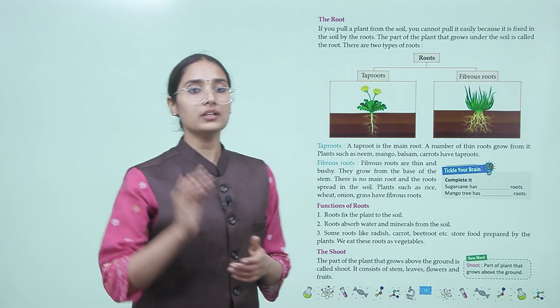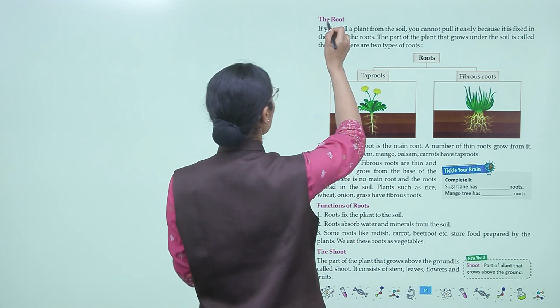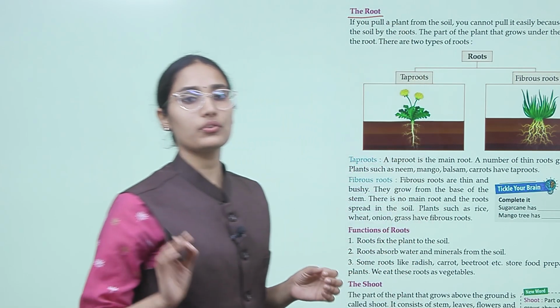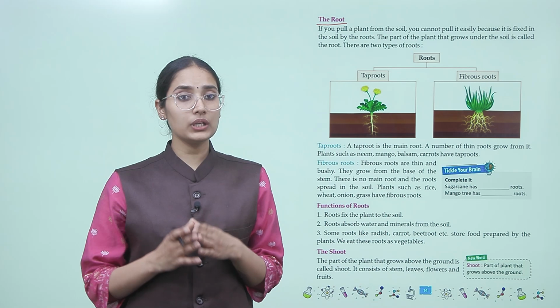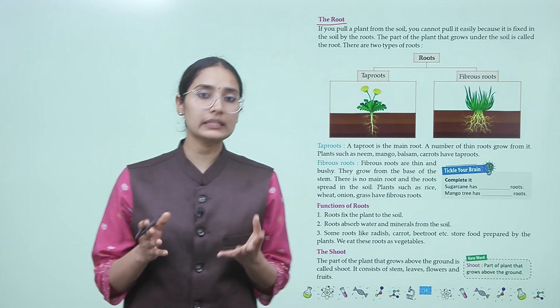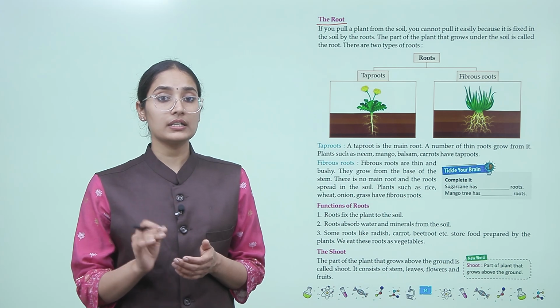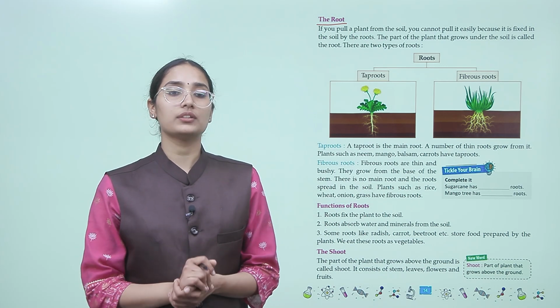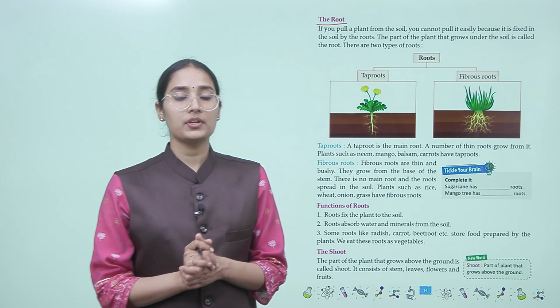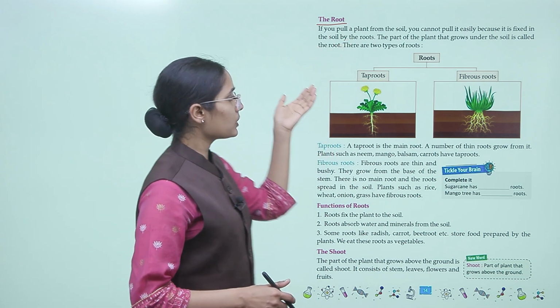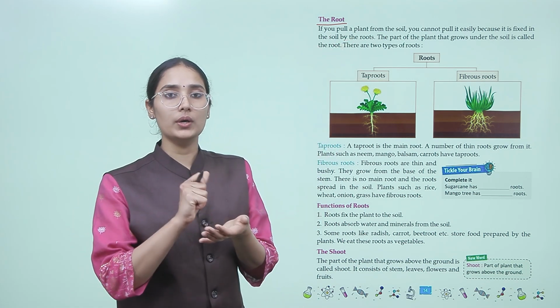Now let's begin with the root, okay? Because that's the first thing that comes out of a seed. If you pull a plant from the soil, you cannot pull it easily because it is fixed in the soil by the roots. The part of the plant that grows under the soil is called the root. There are 2 types of root. So see, the purpose of the root is to hold on, right?